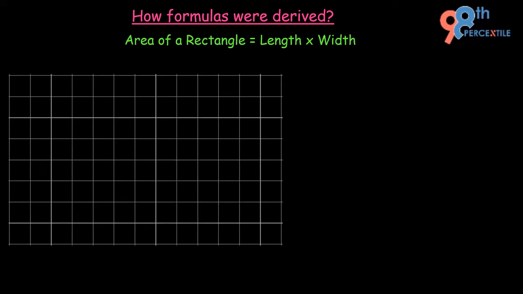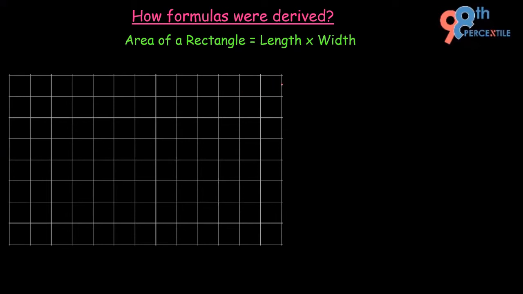Now, in order to understand this formula, or its derivation, let's consider this grid over here. As you can see, in this grid there are a couple of squares, right? Now, let's say that each square has a side of 1 unit. Let's suppose I'm going to start from here.